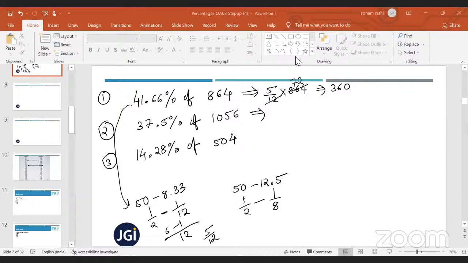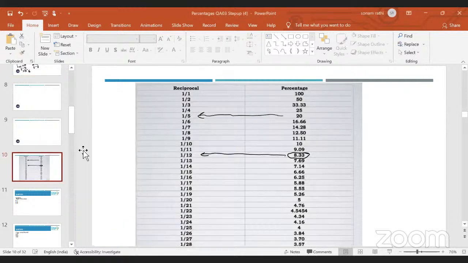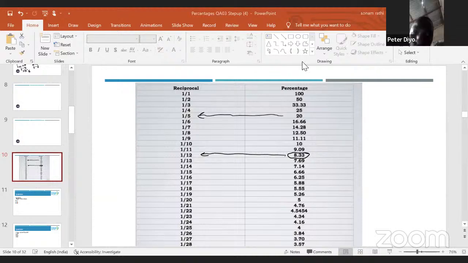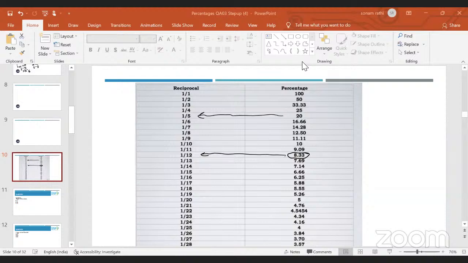Okay, wait, I'll show you the list. So here is the list. Note down the list first, everyone. Those who have not noted it down, please note it down.